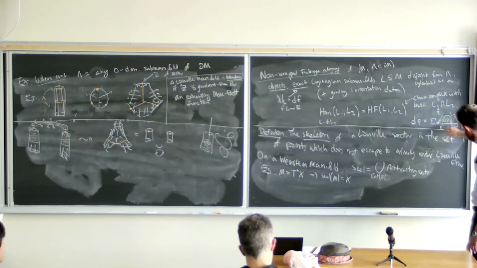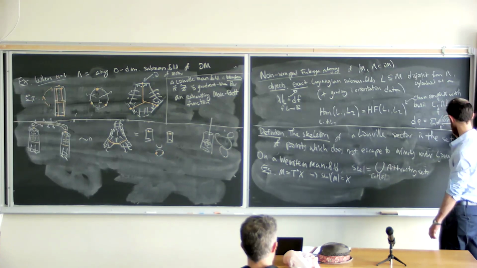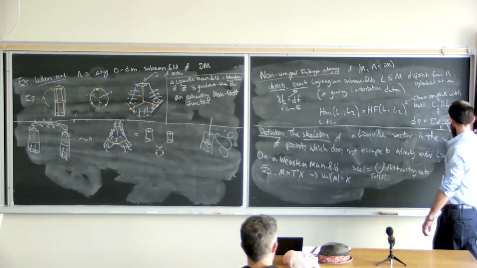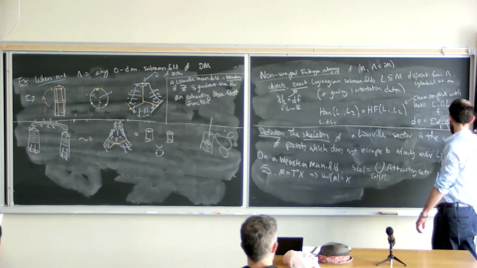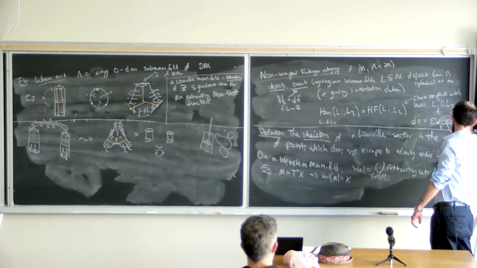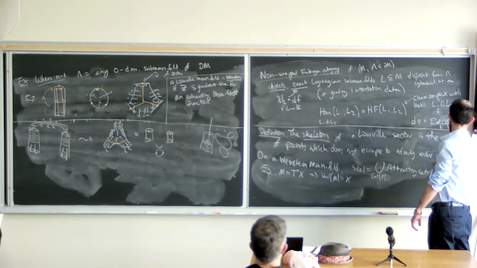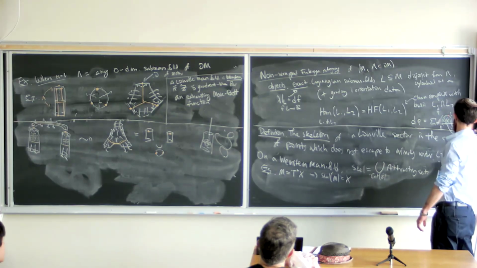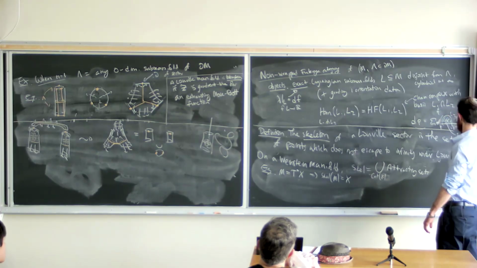This is a holomorphic strip that at one end is asymptotic to P and at the other end is asymptotic to Q, and in the middle satisfies the J-holomorphic curve equation, del bar u equals 0, where J is the almost complex structure.